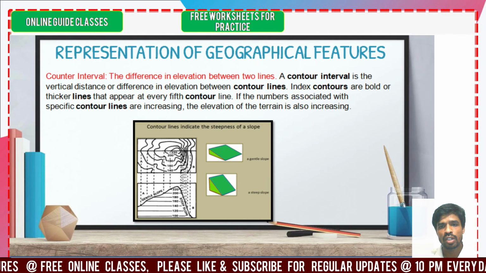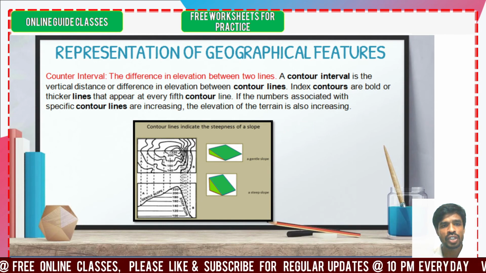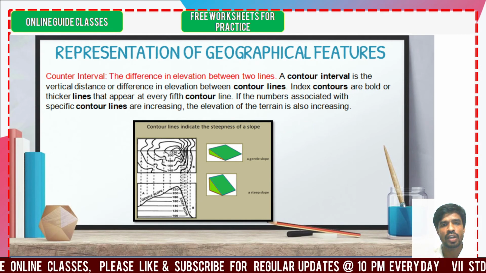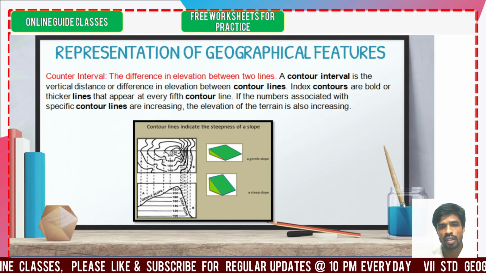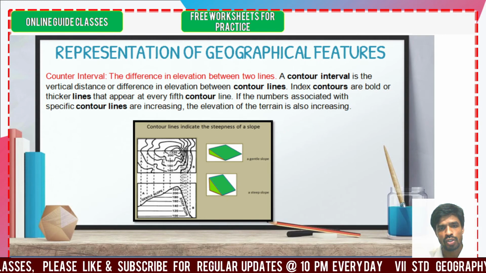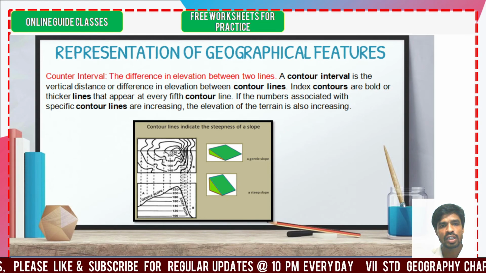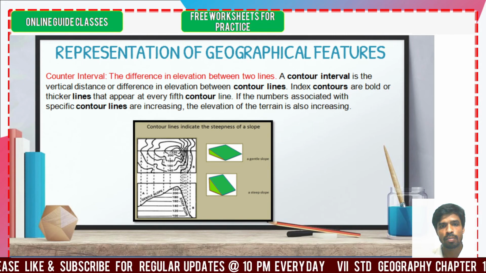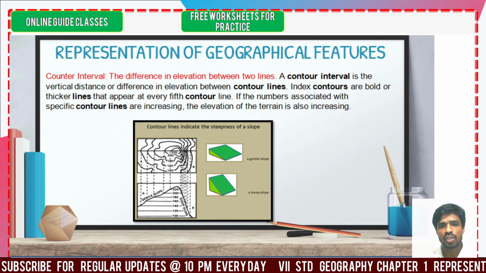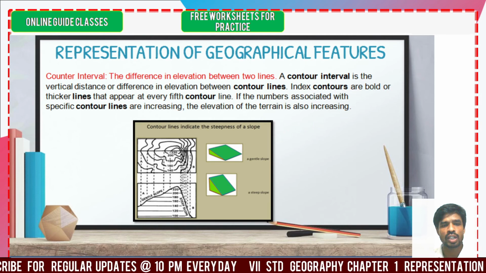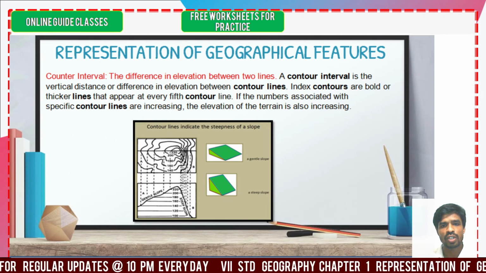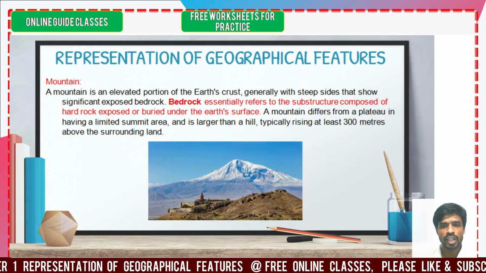Index contours are bold or thicker lines that appear at every fifth contour line. So the fifth contour line is known as the index line. Please remember that. If the numbers associated with the specific contour lines are increasing, the elevation of the terrain is also increasing.